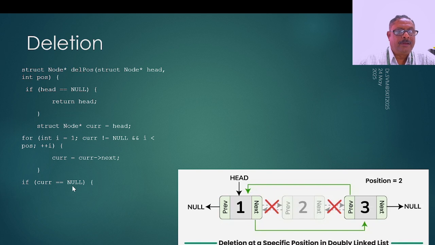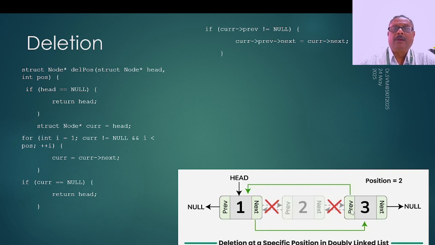If current is null, then we just have to return head. And if current's previous is not null, which means this is not the first node, then current's previous next will be current's next. So we are making this particular link.